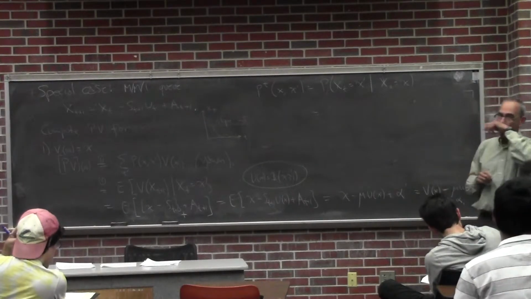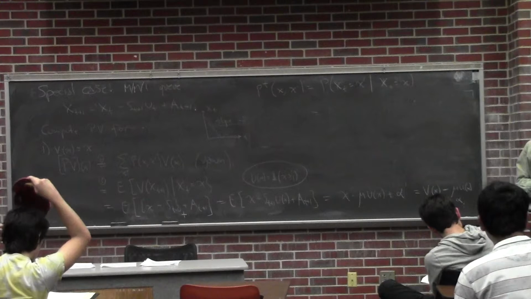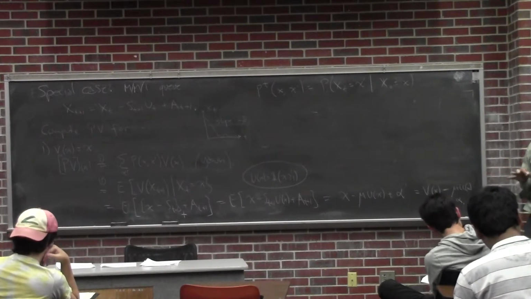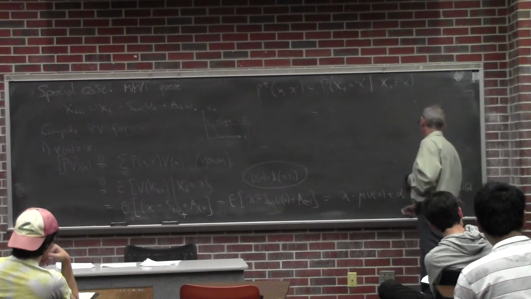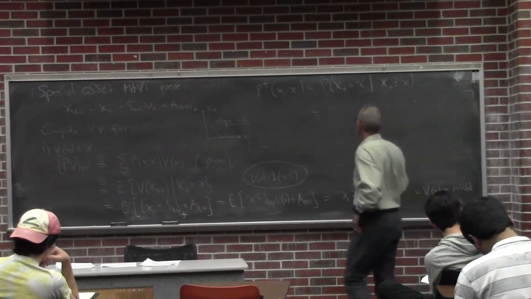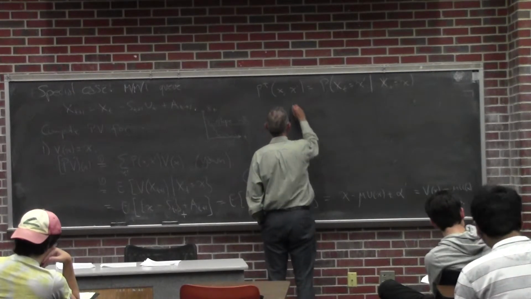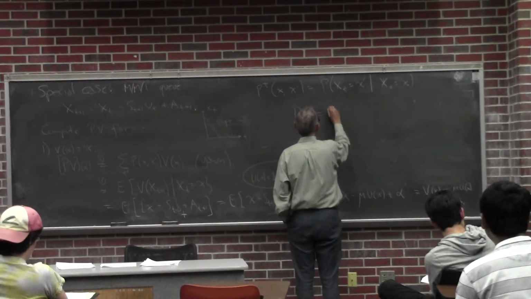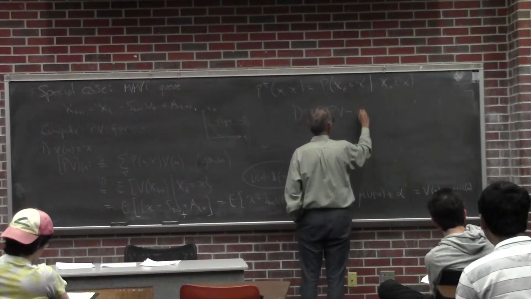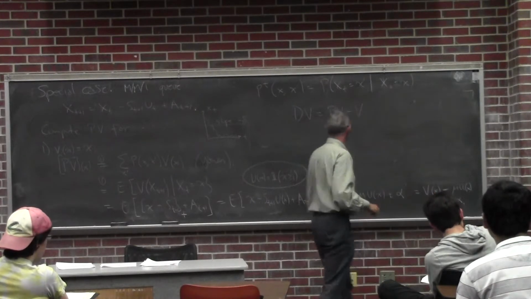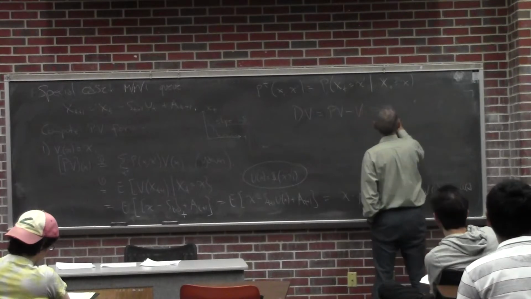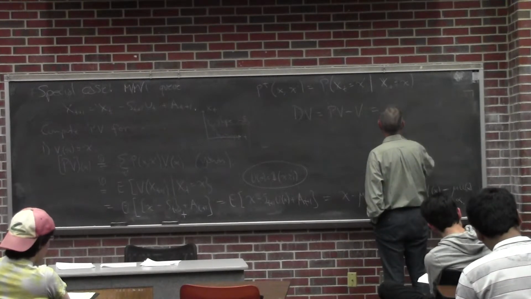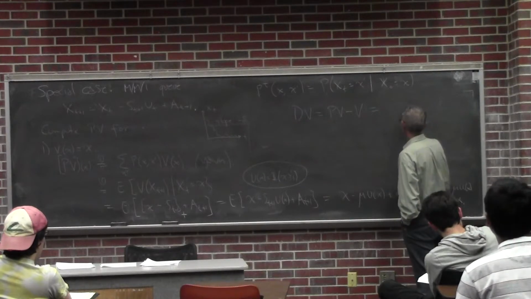Okay, so we're going to have to keep to this faith-based math for now. What we're going to see is when you have a drift condition like that, it's going to imply something about the right-hand side. We'll write this down one more time: dV equals PV minus V, that's V of x, is equal to some function of x.